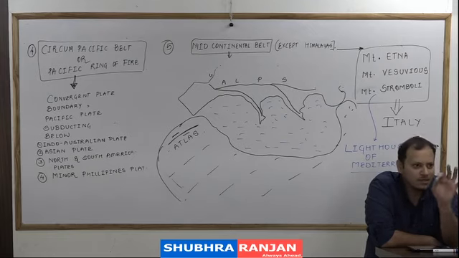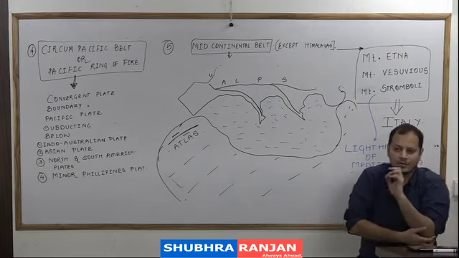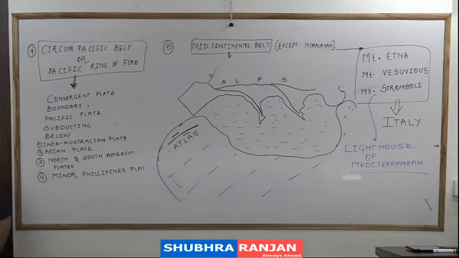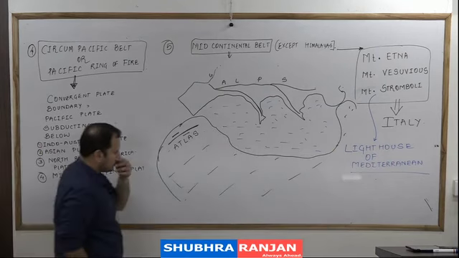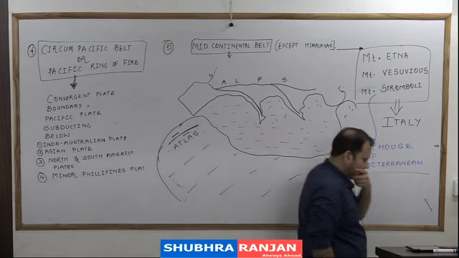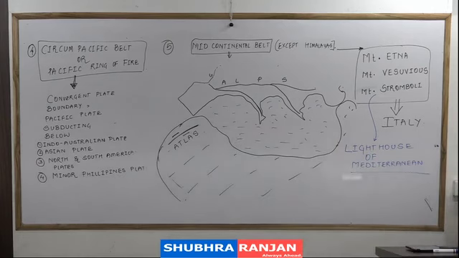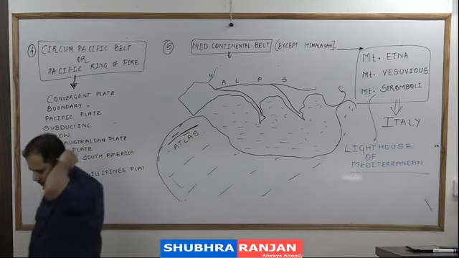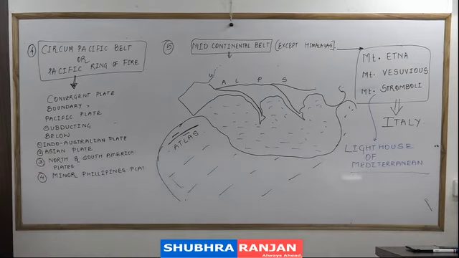Any doubts? Now with this open the map of Europe, political map. Political, physical, any. So when we look at the Mediterranean Sea, look first in the political map, you will find Italy down.